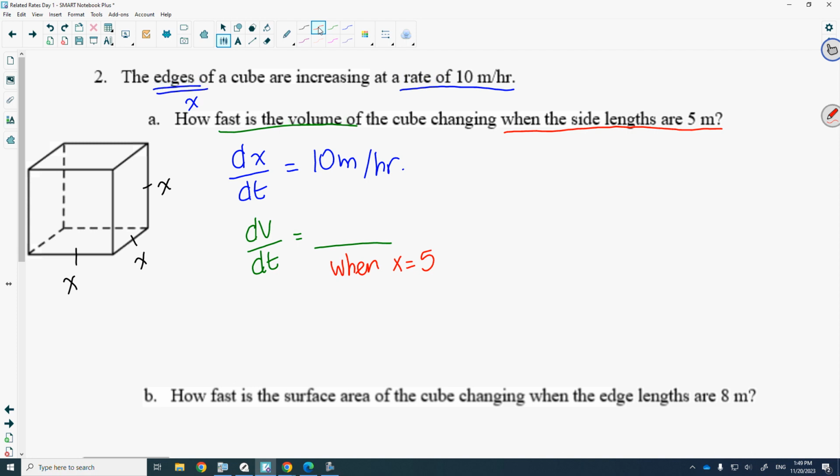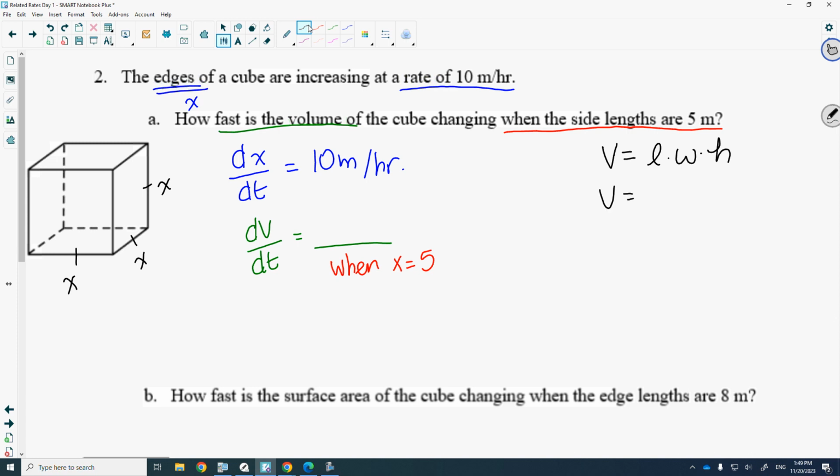Okay, I need somehow to figure out a formula that relates x and V. Somehow I need to put these two in a formula. Well, let's think about what the formula for the volume of a cube is. What's the volume of a cube? Okay, so let's write that down. Length times width times height.